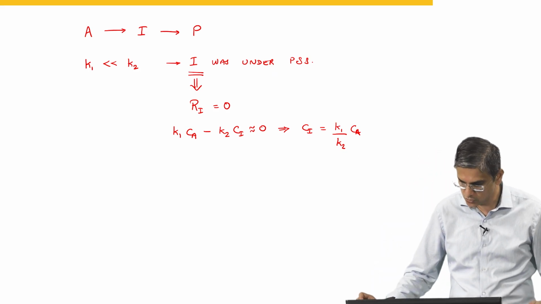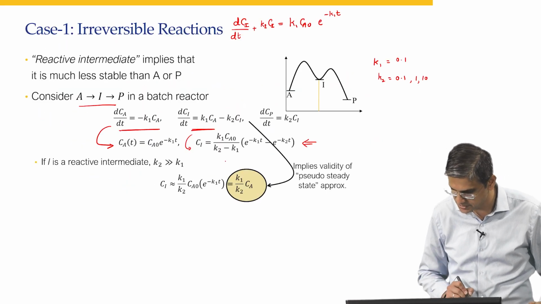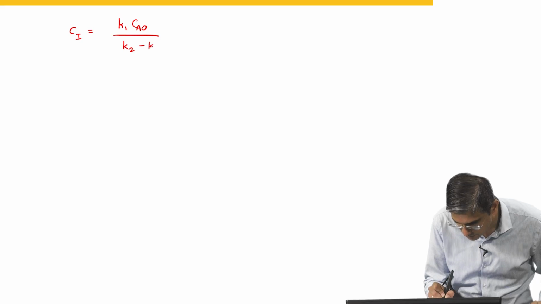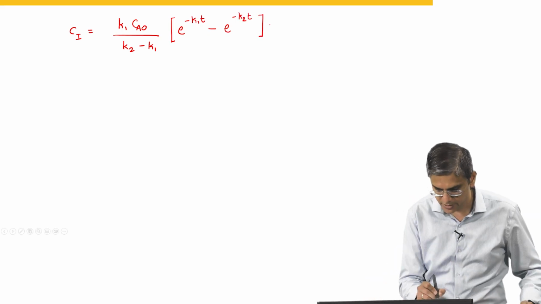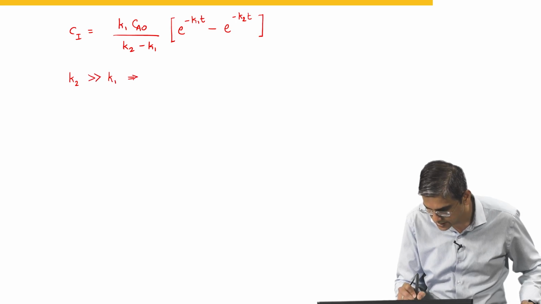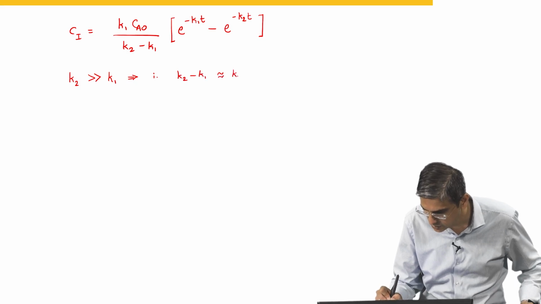Let us go back to the expression for Ci that we had obtained earlier. The expression for Ci, I think was, yeah, K1 Ca naught divided by K2 minus K1. Okay. If K2 is much greater than K1, that implies, one, K2 minus K1 can be replaced by K2.